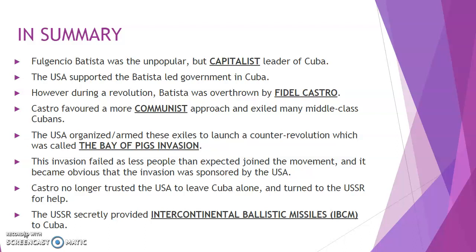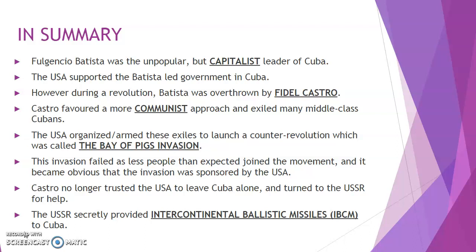The USA organized or armed these exiles to launch a counter-revolution, which was called the Bay of Pigs invasion. This invasion failed as fewer people than expected joined the movement, and it became obvious that the invasion was sponsored by the USA. Castro no longer trusted the USA to leave Cuba alone, and turned to the USSR for help.